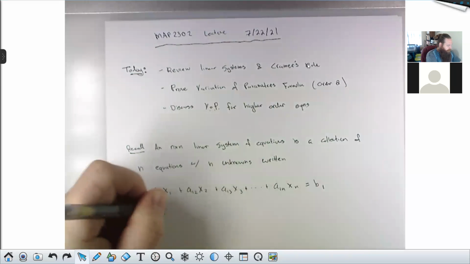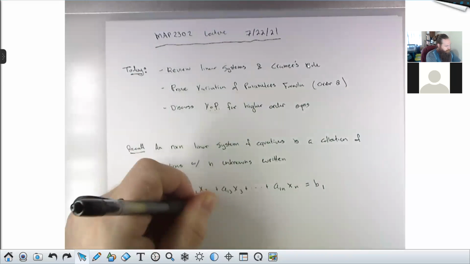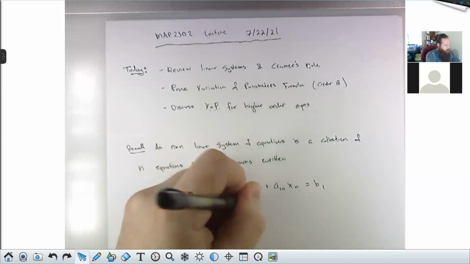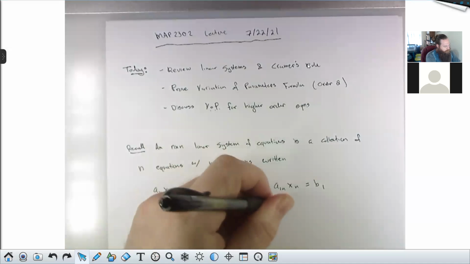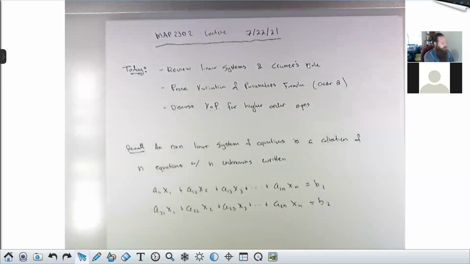Then you'd have like a21 x1 plus a22 x2 plus a23 x3, and so on up to a2n xn equals b2. So here's one equation, it's got n variables, and here's the second equation, and it also has those same n variables. The numbers a11 or a21, a12, a22, they can be whatever you want.